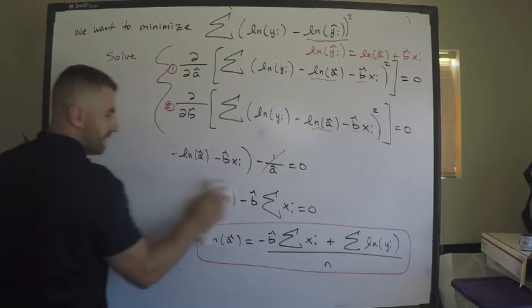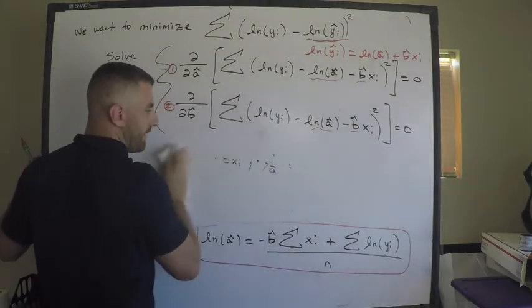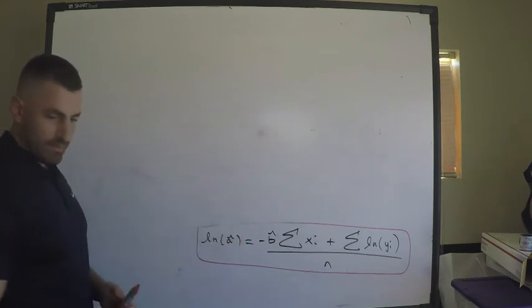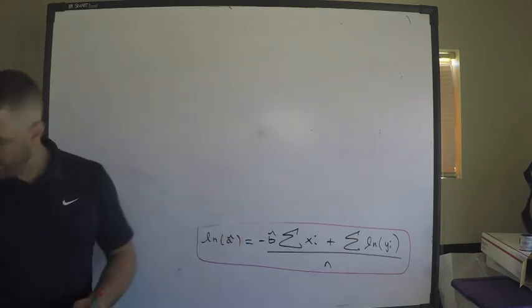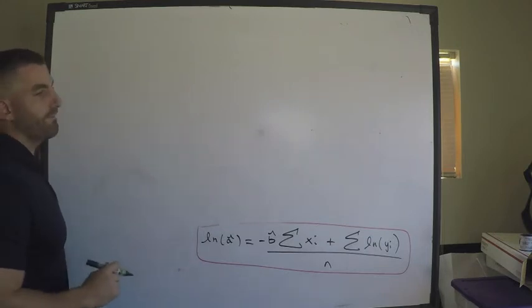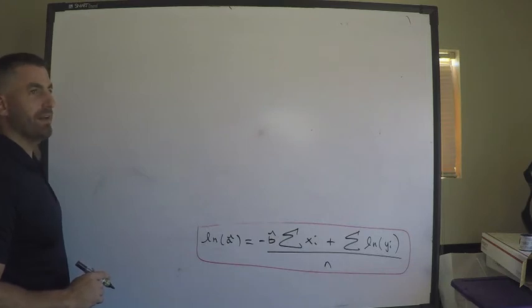So let's give myself some more room. Now we can finally find b hat. For b hat, we're going to need this, so I kept it here. But what we're going to need to do, if you recall, is take the derivative with respect to our other parameter, b hat. So let me just write that down again.